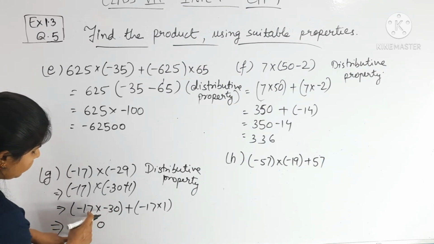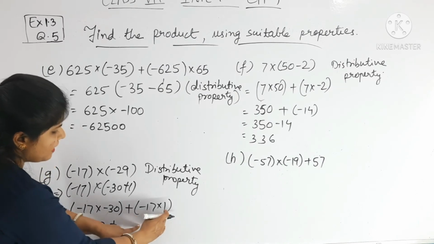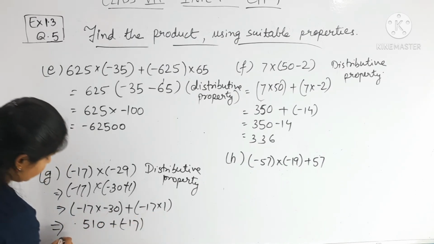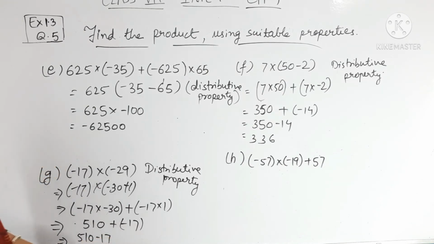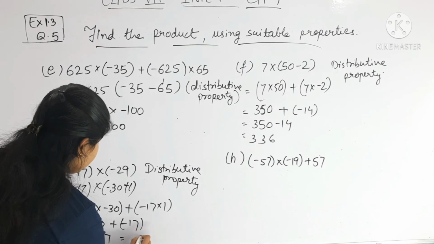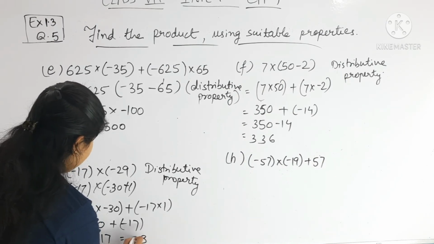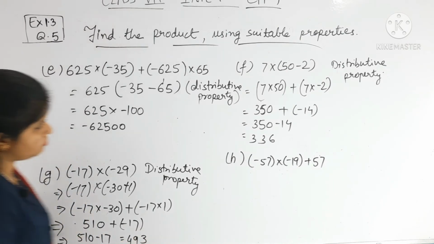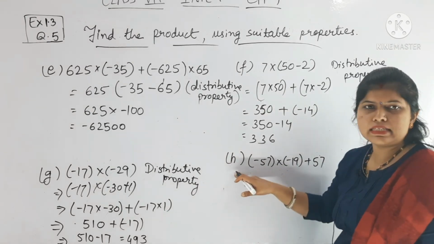Then 17 3s are 51, 510. Then plus minus 17 into 1 is minus 17. And plus minus is minus, so 510 minus 17. Here 10 minus 7 is 3 and 10 minus 1 is 9, means 493 is the answer of the G part. Now come to the last part of question number 5, that is H part.